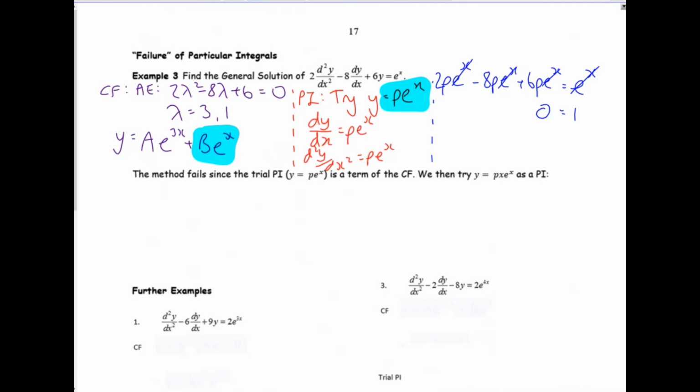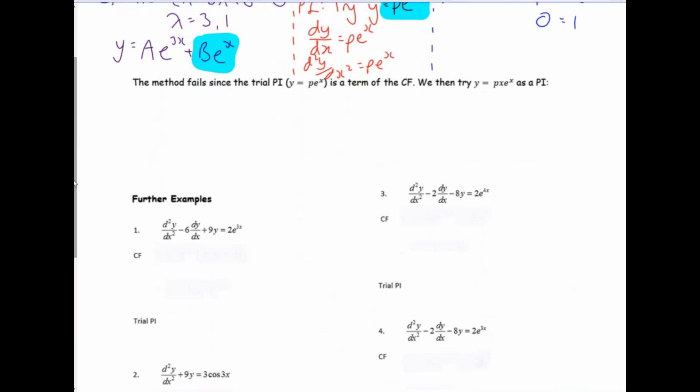So this is a problem, and you can see it doesn't work. It just means we need to try a different particular integral. Notice we always say try for a particular integral because there are other things that could work. Now, basically, your strategy is you try the same thing but times by x. That's generally the strategy. So now we're going to try instead a new particular integral.